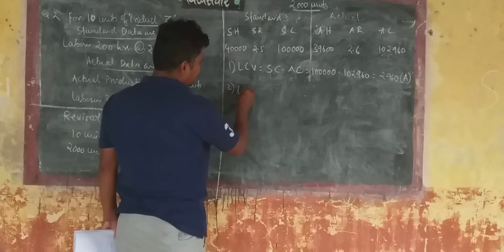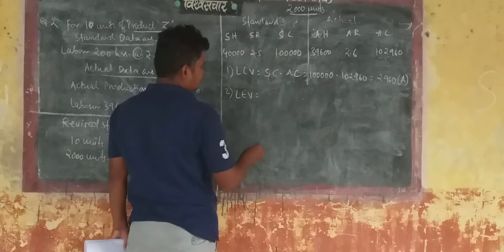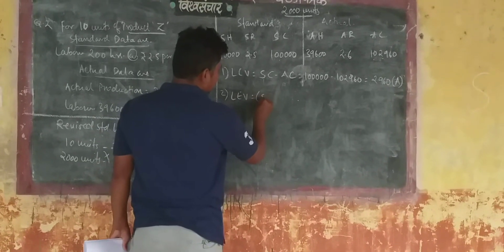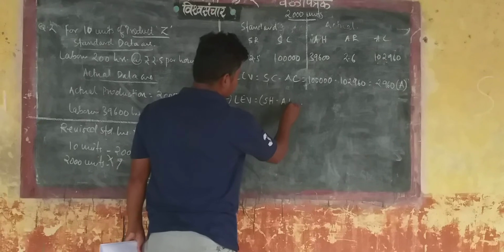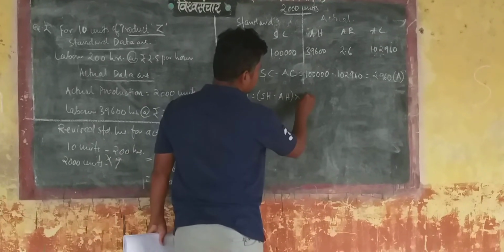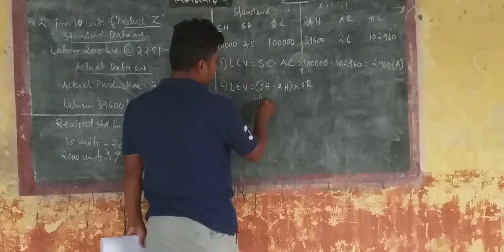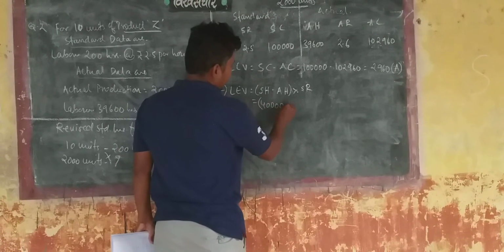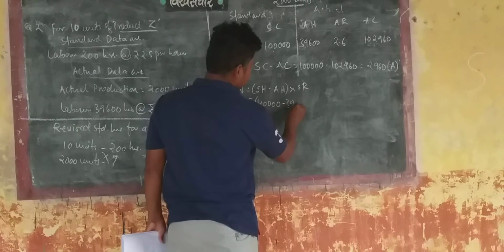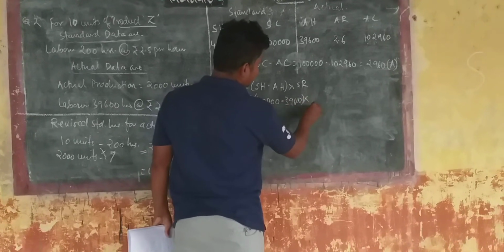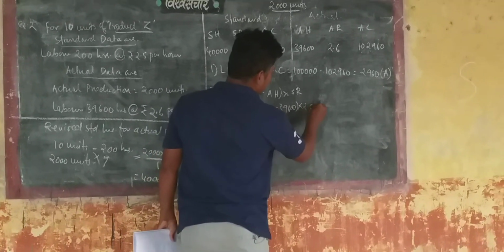Second variance is labor efficiency variance. The formula is standard hours minus actual hours into standard rate. Standard hours are 40,000, actual hours are 39,600, into standard rate 2.5.